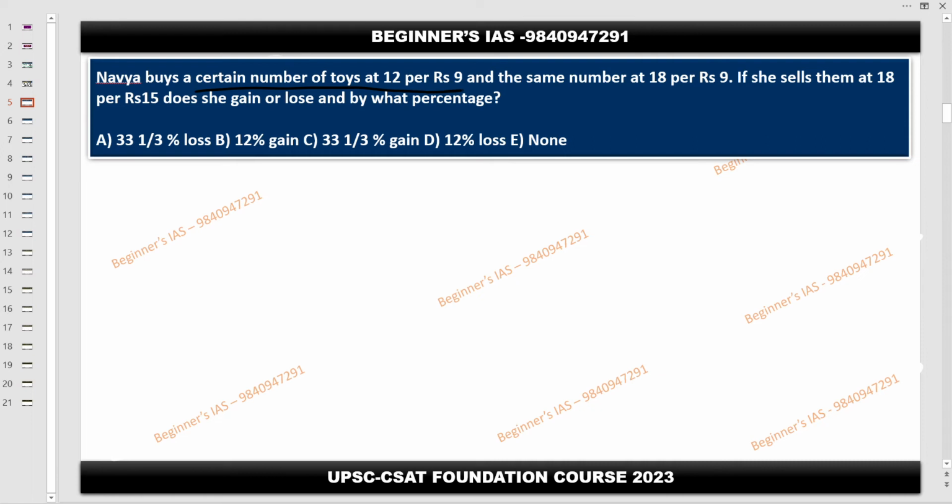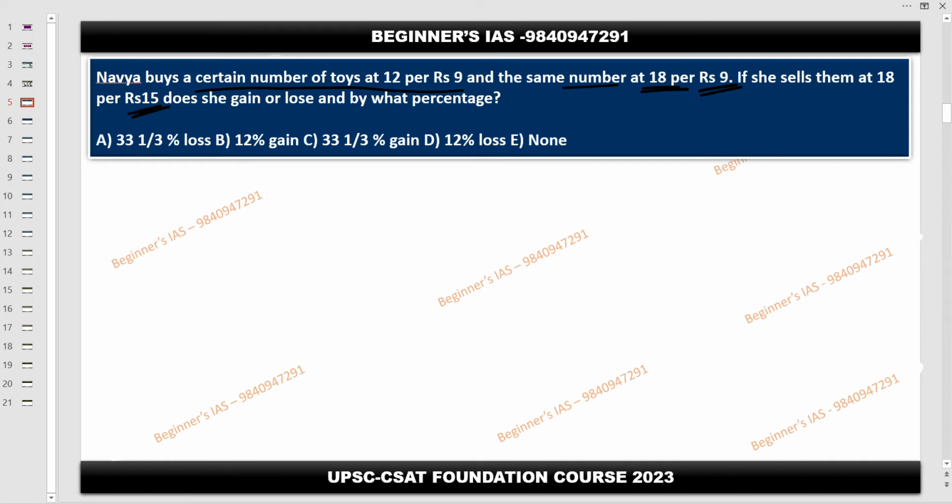Understood? Then listen carefully, the same number of chairs, she sells them at 18 for 15 rupees, which means 18 chairs for 15 rupees.